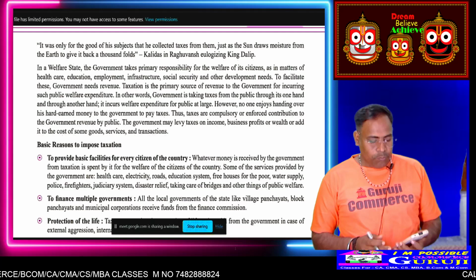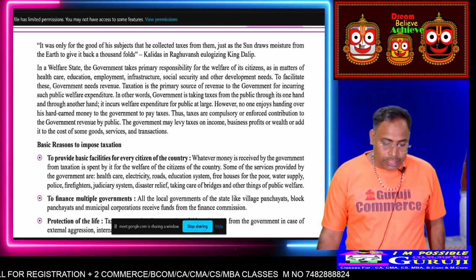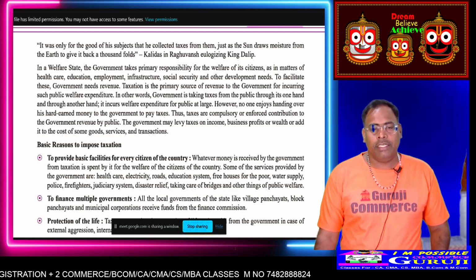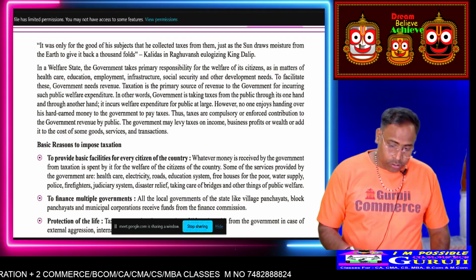for which it is used for the benefit of society. Am I right? So it is compulsory, right? Whether you want to or not, you have to pay tax. Am I right or wrong?